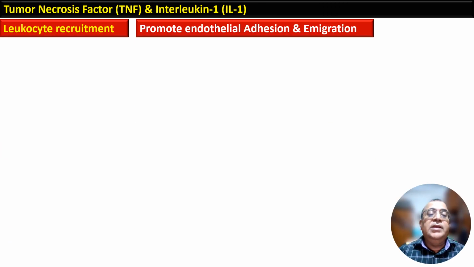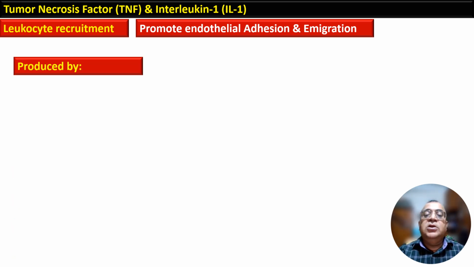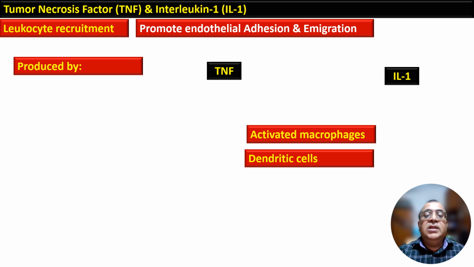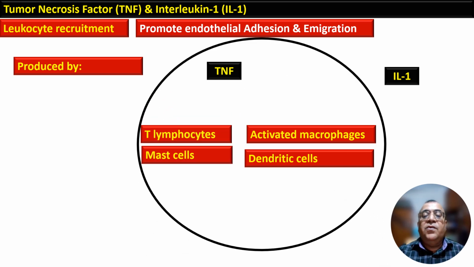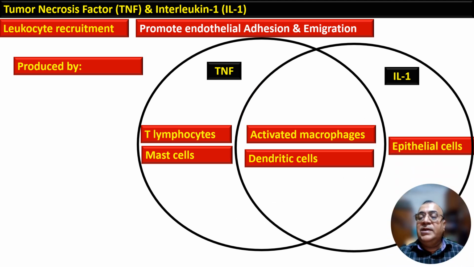The tumor necrosis factor and interleukin 1 play their part in recruitment of the leukocytes by promoting the endothelial cell adhesion or immigration of leukocytes through the vessel wall. The TNF and interleukin 1 are produced by activated macrophages and dendritic cells, while TNF is also produced by T lymphocytes and mast cells, while interleukin 1 is secreted by some of the epithelial cells.